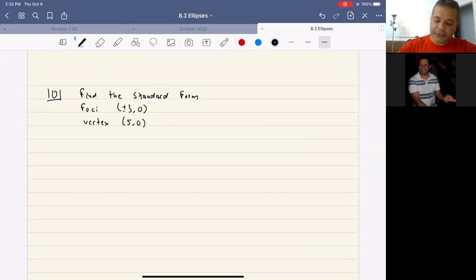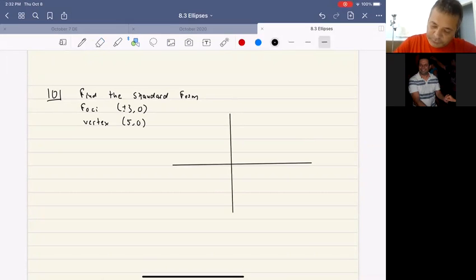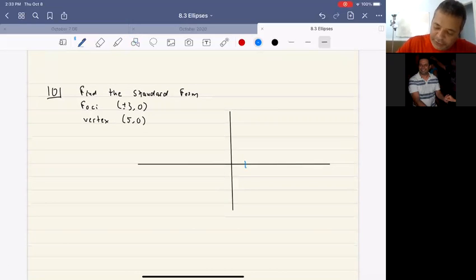Start by drawing again. So we have foci at 1, 2, 3, 1, 2, 3.